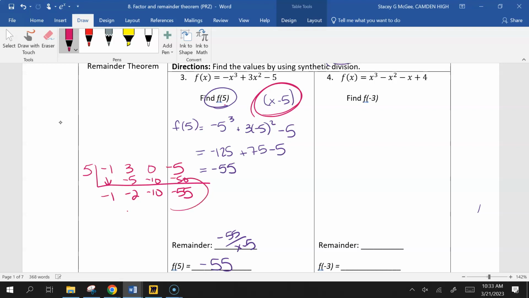What do you notice? It's the same as it should be because that is the remainder theorem.